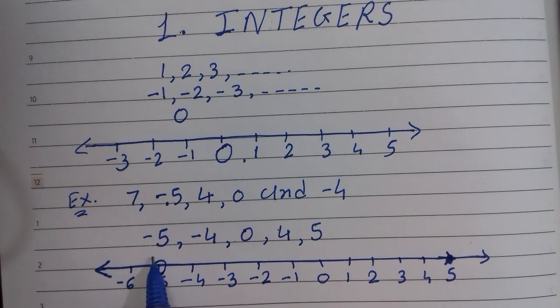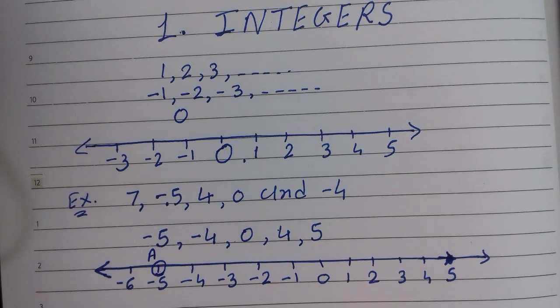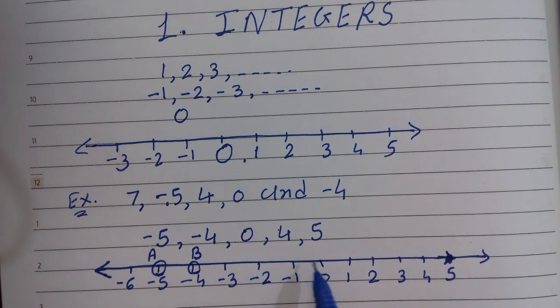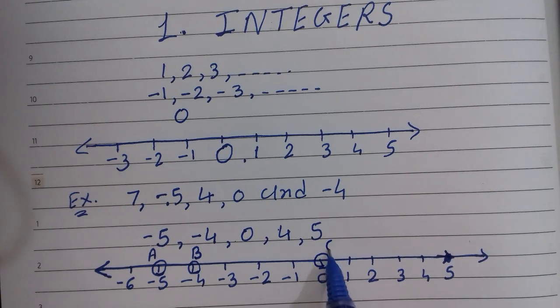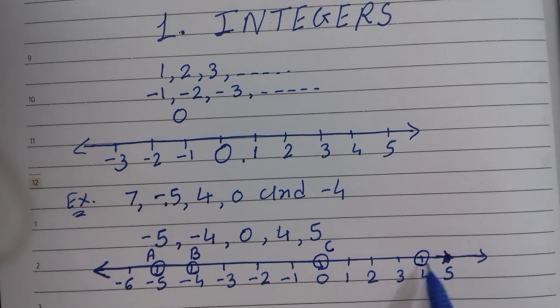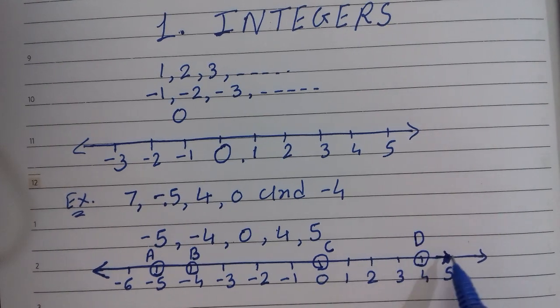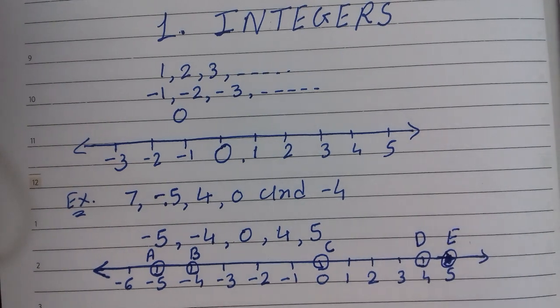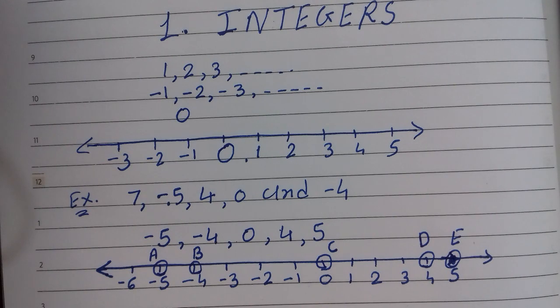Here is the first integer -5. Then -4 is the second, 0, then 4 and 5. Here we have represented these numbers on the number line.